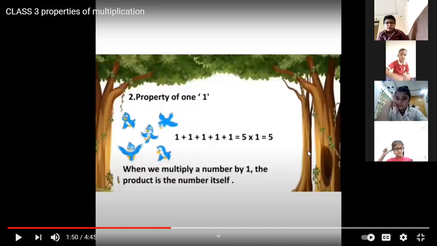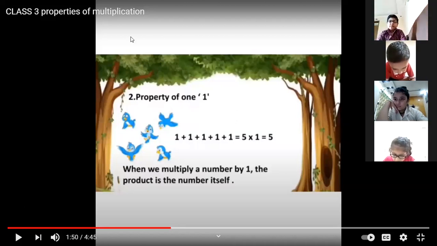The answer will be 5. So beta, you can check this property with any number. Suppose you are having 13. If you multiply 13 by 1, your answer will be 13. That is the number itself.